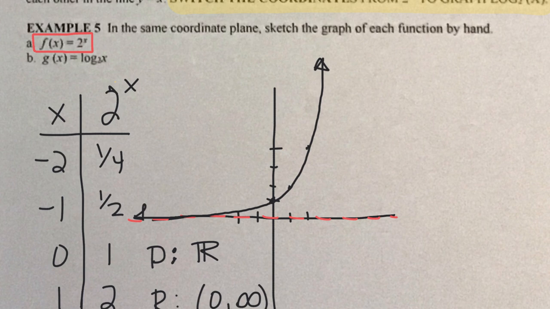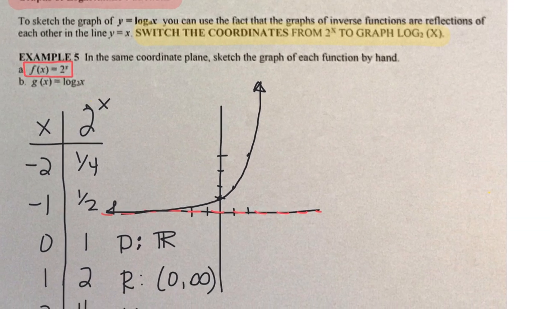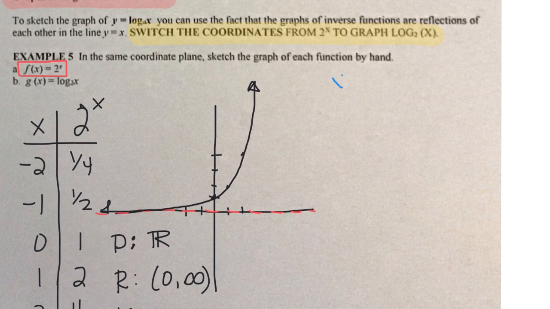So now let's make a table for the logarithm. We have x and we have log base 2 of x. We have a log base 2 because your exponential has a base of 2. So that's why these are related. They're inverses because they have the same bases.